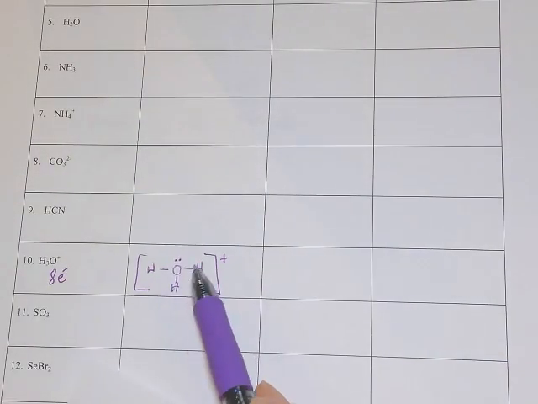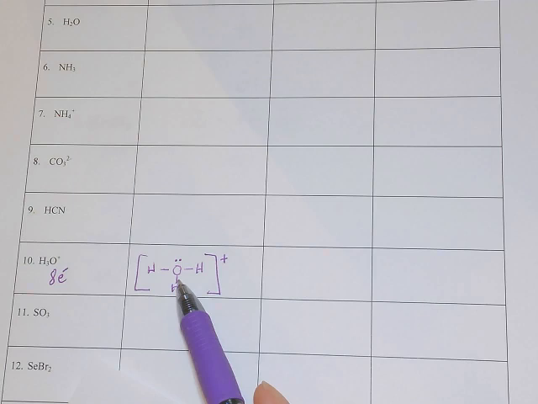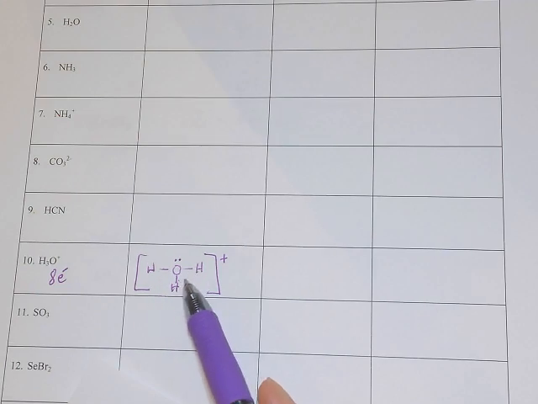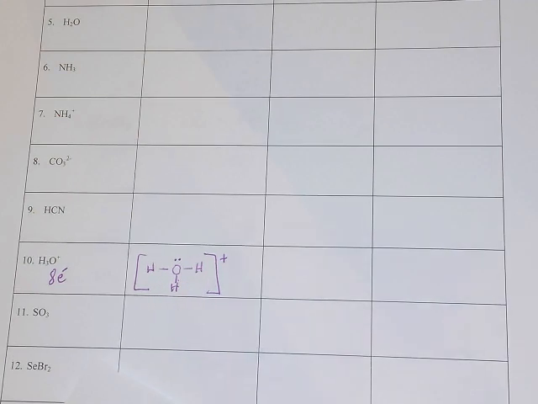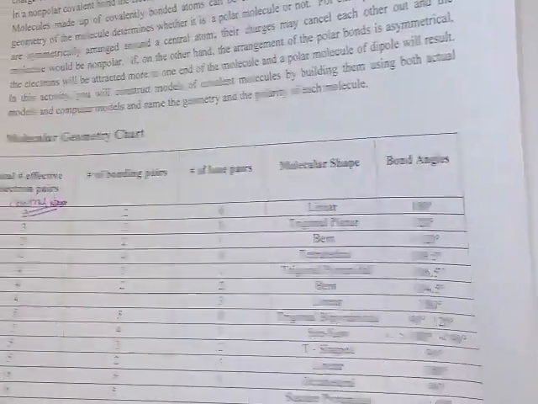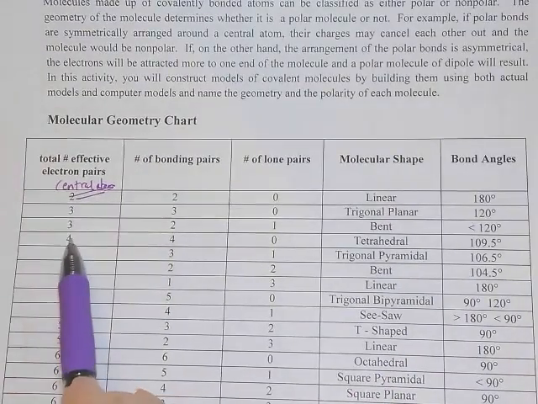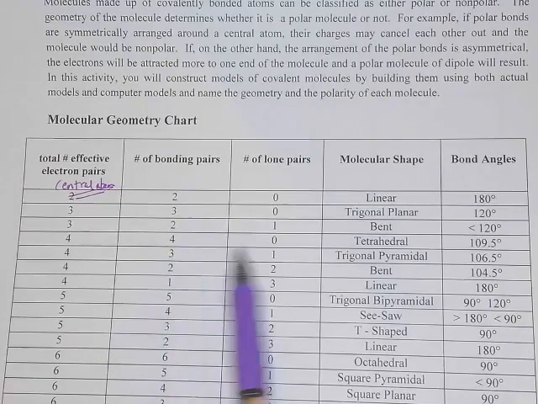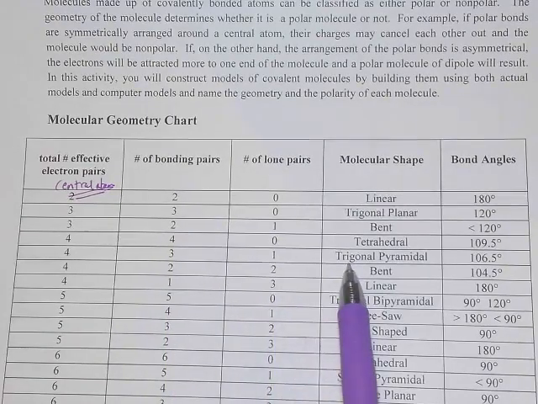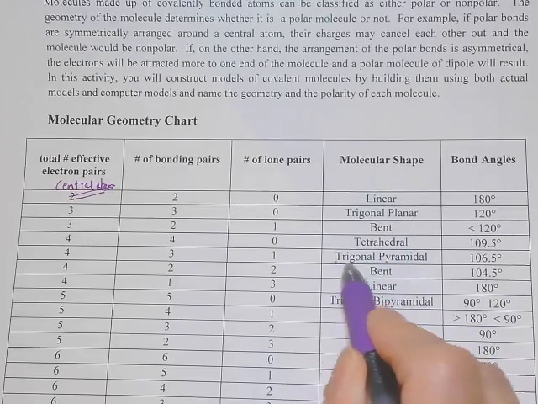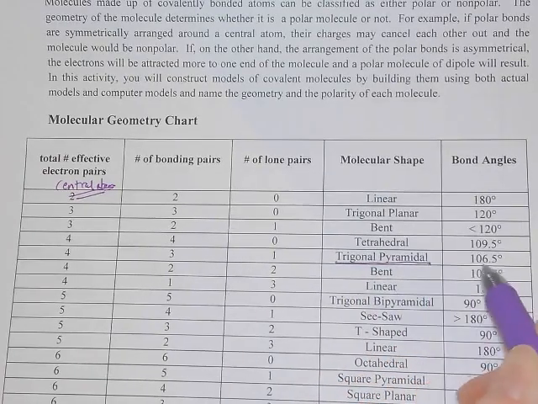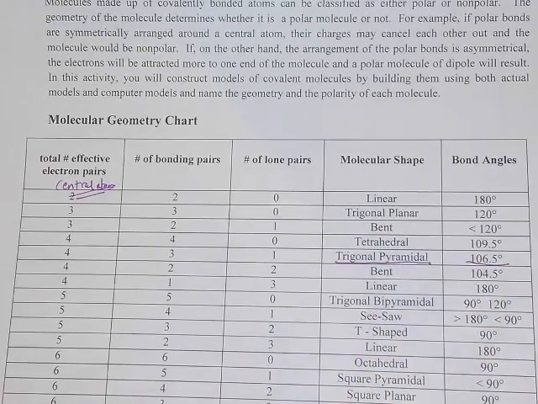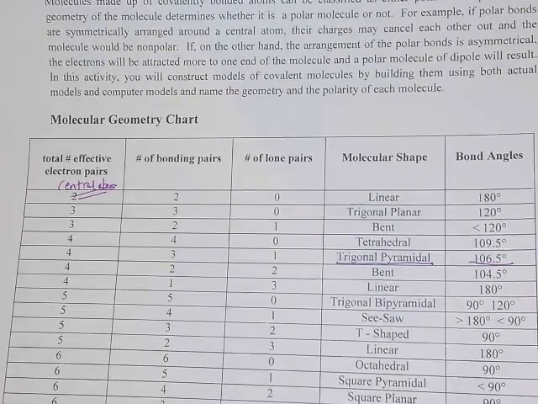It's got 1, 2, 3, 4 effective pairs with 3 of them being bonding pairs and 1 being lone pair. So we come over here and we go to our 4 with 3 being bonding and 1 lone, and it tells us that our geometry is called trigonal pyramidal and that it has a bond angle of about 106.5.